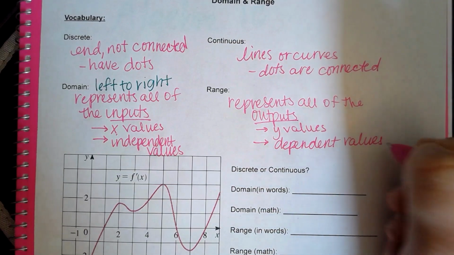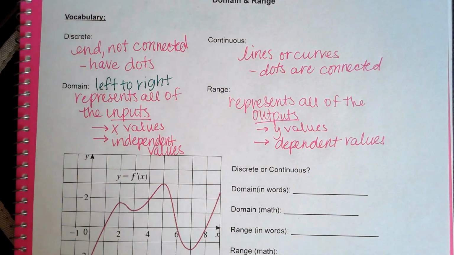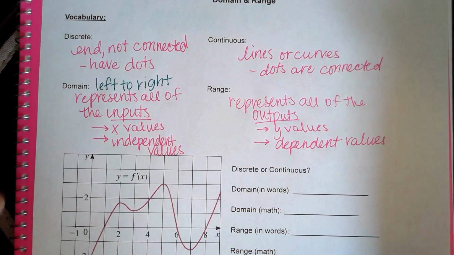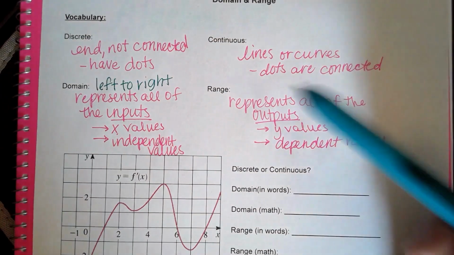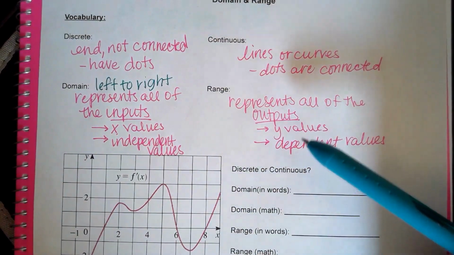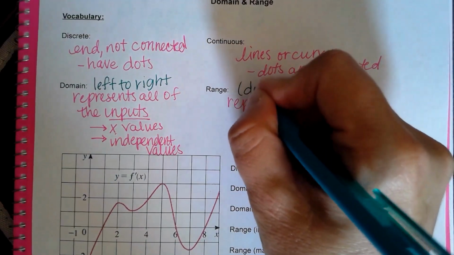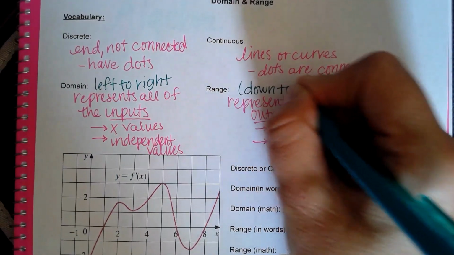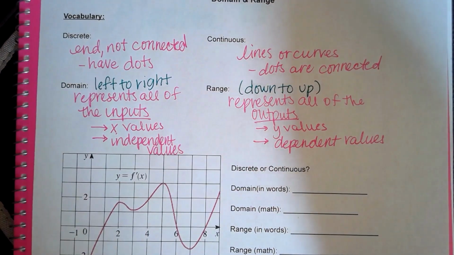Later, whenever you watch the next video, we're going to talk about reasonable domain and range, which is like word problems. And we're going to talk a lot about independent and dependent, because that comes into play a lot when we're talking about word problems. Okay. So when you are looking for your range, since it's the Y values of the graph, you look down to up, or bottom to top.